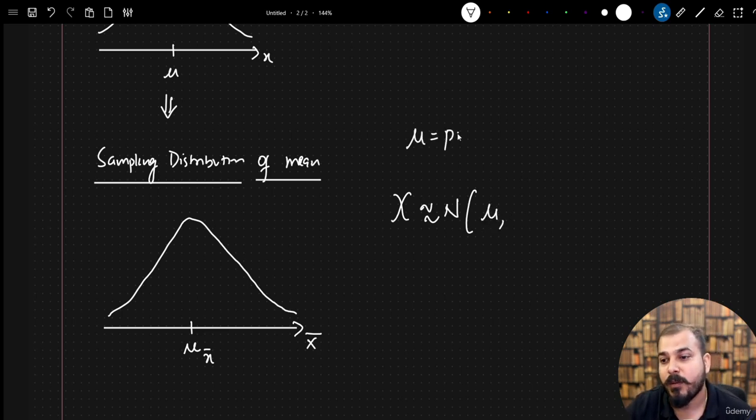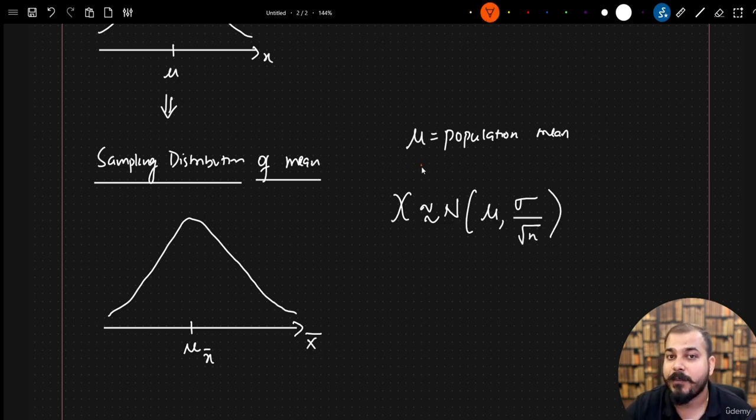So this is nothing but my population mean, whatever population mean I had. But my standard deviation will be equal to sigma by root n. What is n? n is nothing but the sample size, and sigma is nothing but the population standard deviation, right?